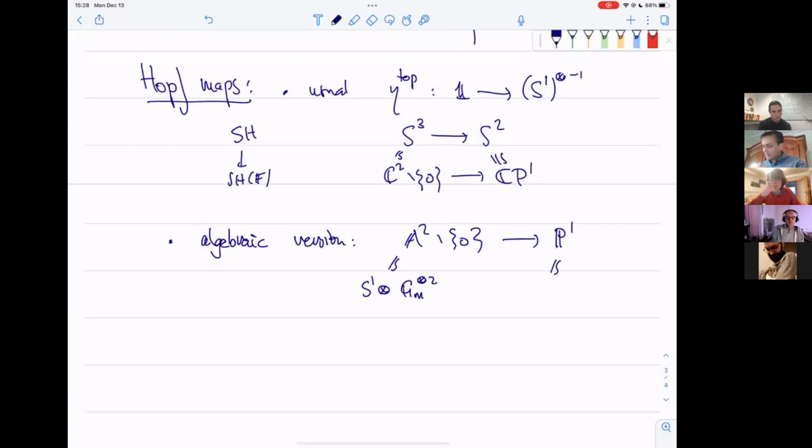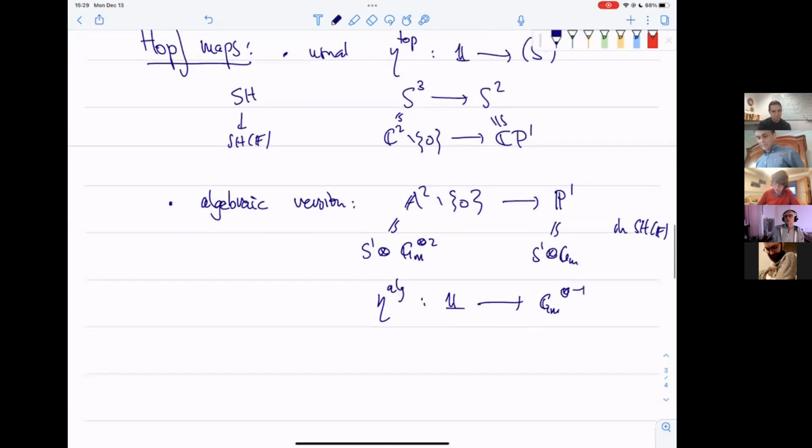And this will be in SHF isomorphic to an S1 tensor Gm. And so if you desuspend that number of times, you see that you have to go down by one Gm here. So you get an algebraic eta, which is not going to go from the unit to the circle inverted, but to the Gm inverted, to the algebraic circle inverted.